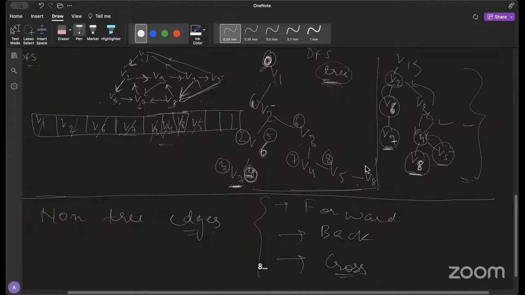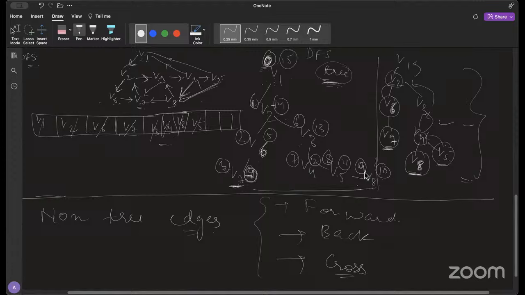Then V8, initial counter 9. Because there's nowhere to go from V8, the counter closes here on 10. Then you trace back. This is also explored, so you put an end counter 11. This is also explored, so you put 12 here. Then you put 13 here. Then exploring this too, you put 14 here, and then 15 here.